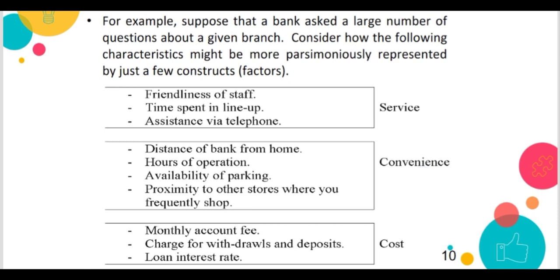The name of the new factor depends on the researcher, who represents those variables with a unique name. In the examples later, normally the question will ask you to name the new variables, to name the factors to represent the variables.